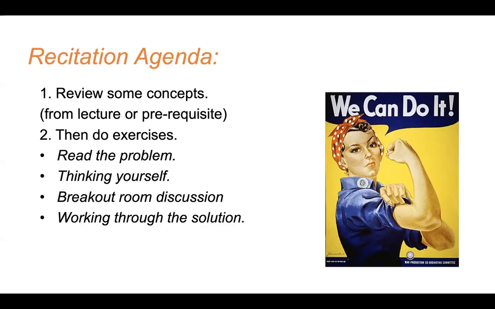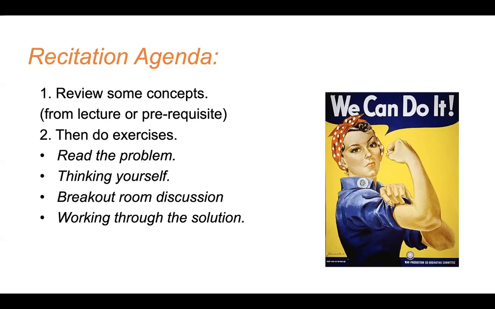Today's recitation agenda is, first, to review some concepts, which may be from your lecture or the prerequisites, like the probability courses. Then we will do some exercises: read the problems and think about them by yourself, and then I will send you to breakout rooms for discussion.